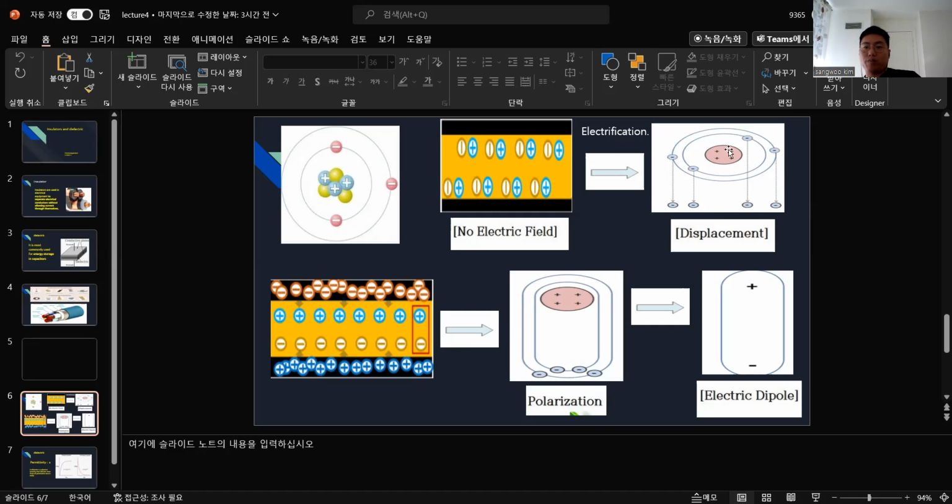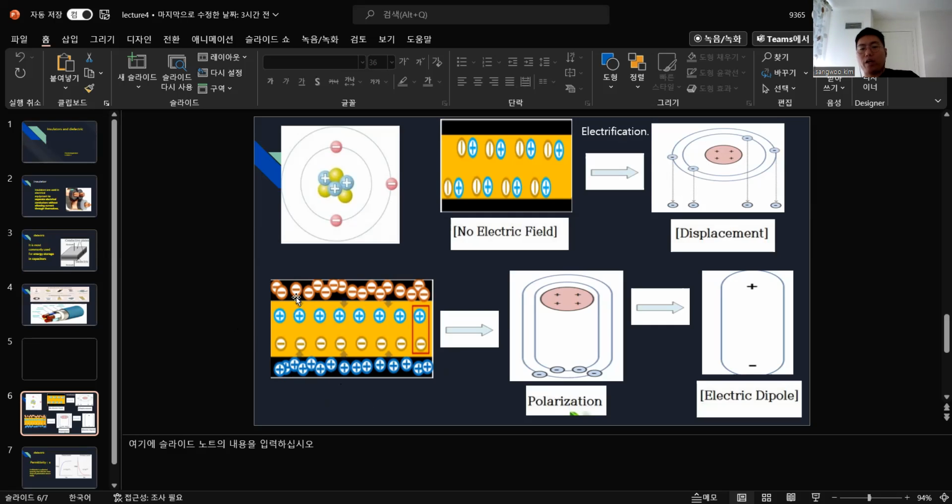As I said, the nucleus part here is heavy, so it doesn't move. So the electrons come down. For example, the direction doesn't matter. Here's the nucleus, but the electrons just move down, for example in this picture. Next picture, look at that. In this case, we connected a DC voltage.